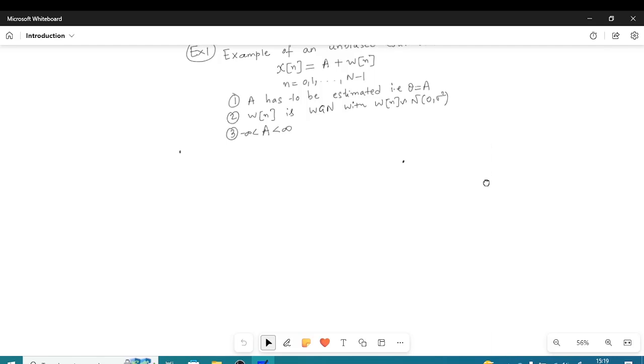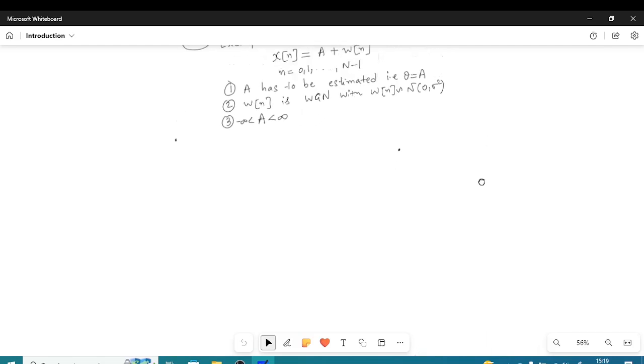Now consider the following estimator. A hat equals, okay, that is the average of the observations. So remember we are going to discuss the biased and unbiased property of the estimator.